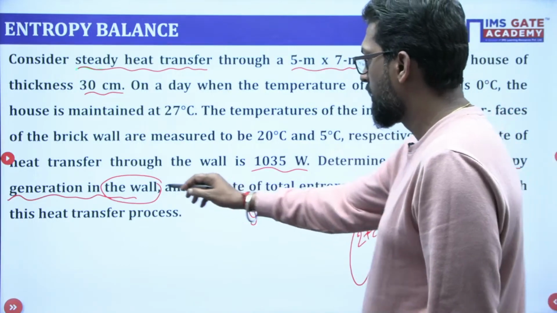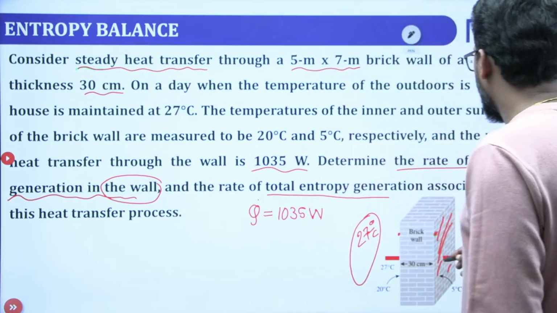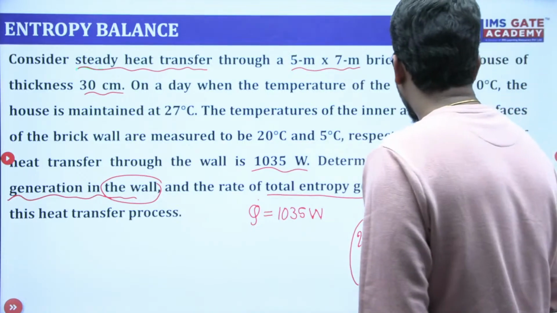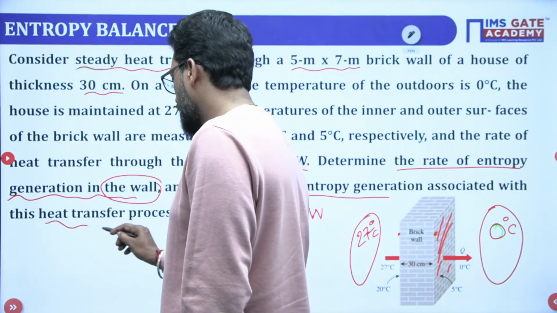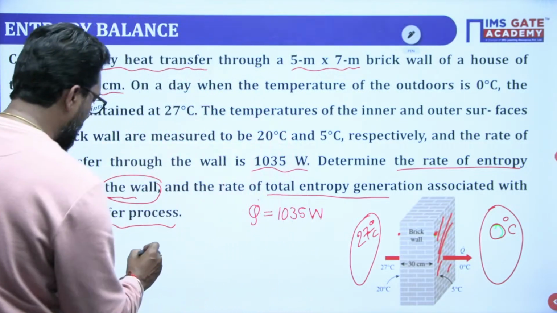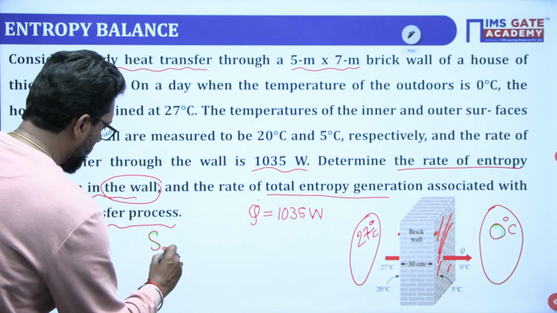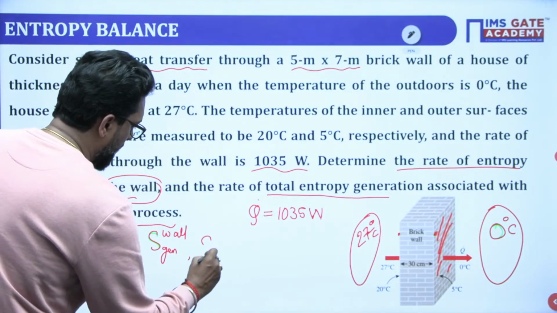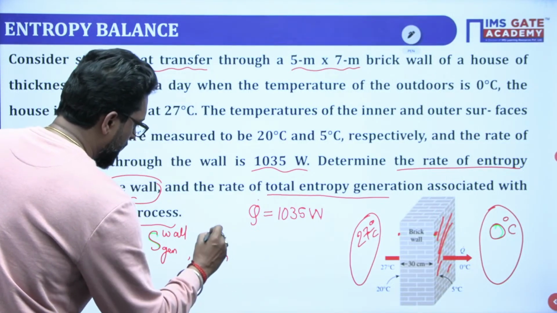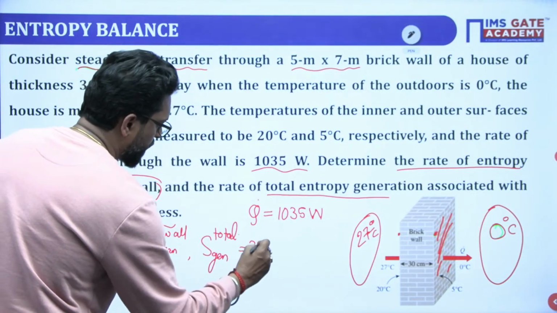Entropy generation in the wall, that means the wall as a system, and also the total entropy generation associated with this heat transfer. So we have to find S generation of the wall and S generation total.